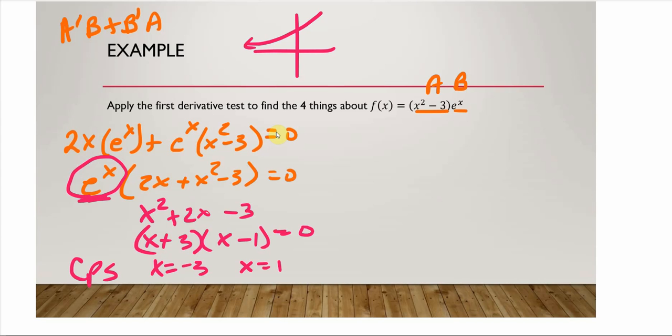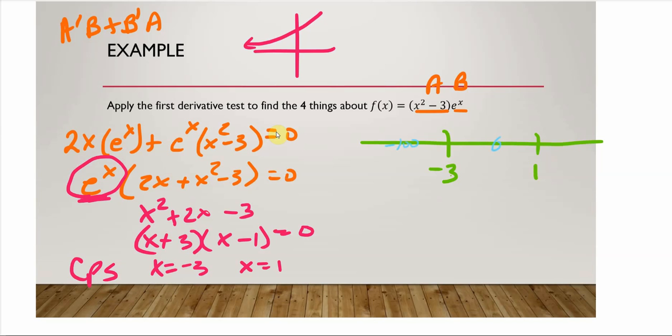So I did the first thing. The second is find where it's increasing or decreasing. I'm going to draw a number line, and I'm going to put my CPs on there, and please put them in the correct order, negative 3 and 1. Give me a number to the left of negative 3. It doesn't matter what number you pick. So I'm going to plug in negative 100. In between negative 3 and 1, I'm going to plug in a 0.